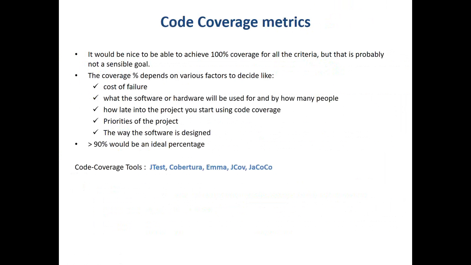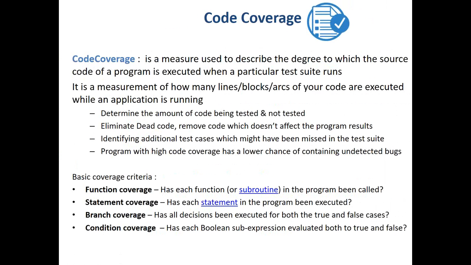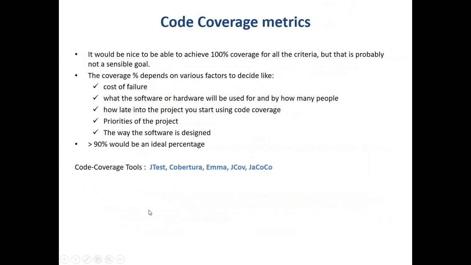The percentage that you get is, this is your line. In this line, you have so many functions, so many statements, so many conditions, and how much you have actually captured. So it is going to give the percentage of how many lines of code have actually been verified or used.